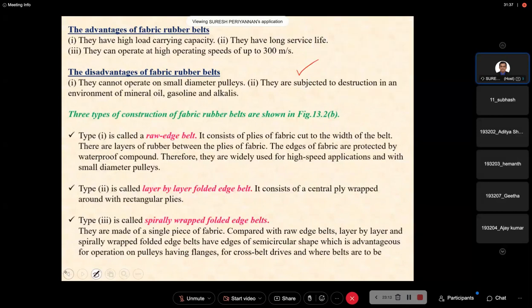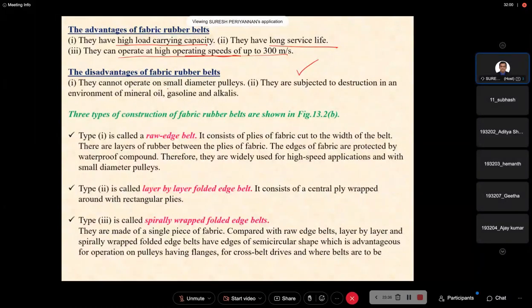Anyway, now we see the advantages of the fabric belt. The advantages of the fabric belt are high load carrying capacity and a long service life. It can operate at high speeds, up to 300 meters per second velocity. What are the disadvantages?